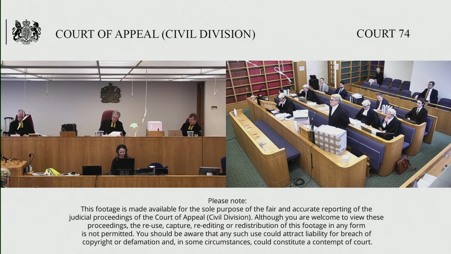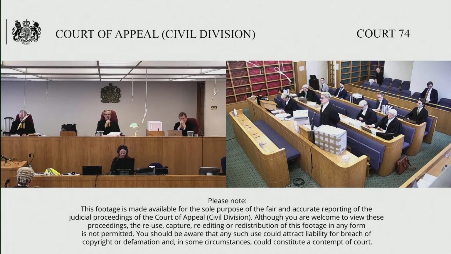999 times out of 1,000, the principles will be the same. That doesn't mean, however, that they will always be the same. For example, what may count as distinct breaches as between the beneficiary and the fiduciary may be different when one considers that question from the perspective of the dishonest assistant.